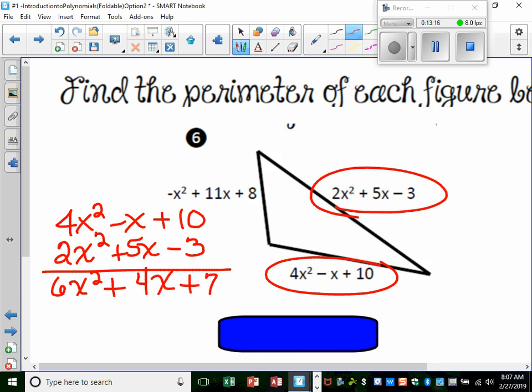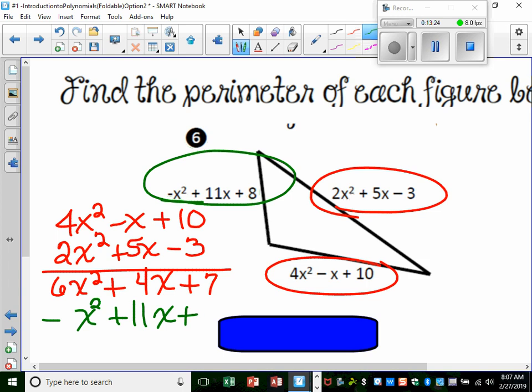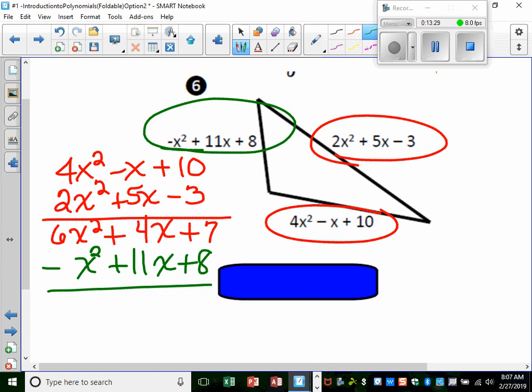Then I'll take the last one here and put minus x squared plus 11x plus 8. So that'll give me 5x squared plus 15x plus 15. So again, it's just adding all of the terms together, making sure you line up like terms.